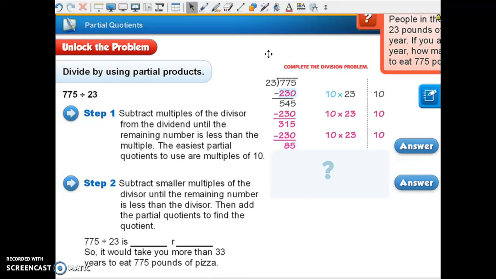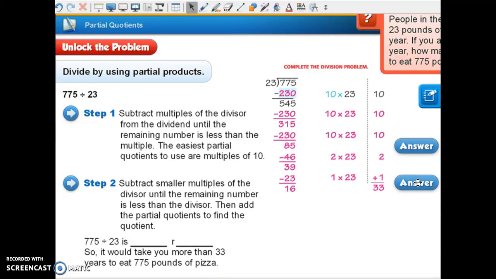Do we want to multiply 23 by 1? Just keep doing 1 till we're done? No. Do we want to multiply it by 2? Yes. Okay. And 85 minus 46. So that's 2 times 23. You should write that out to the side.